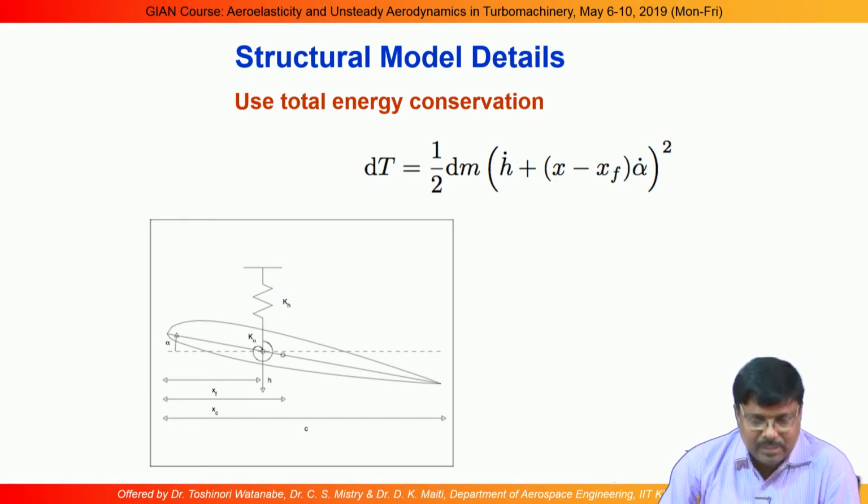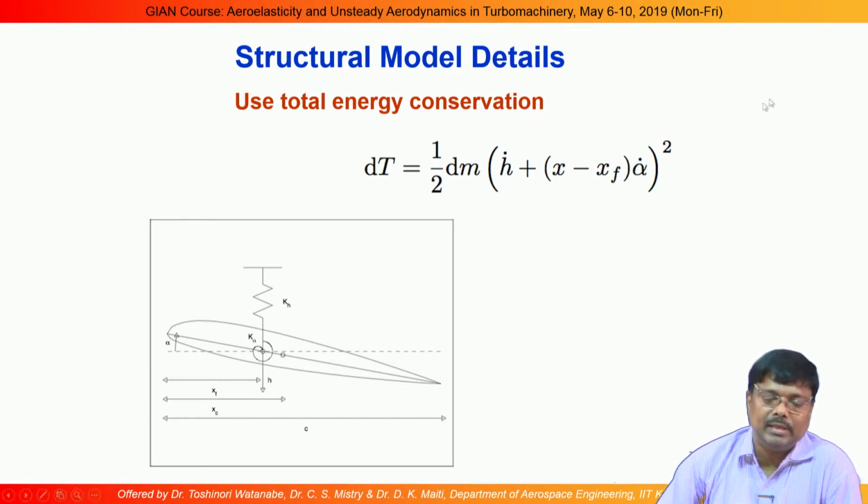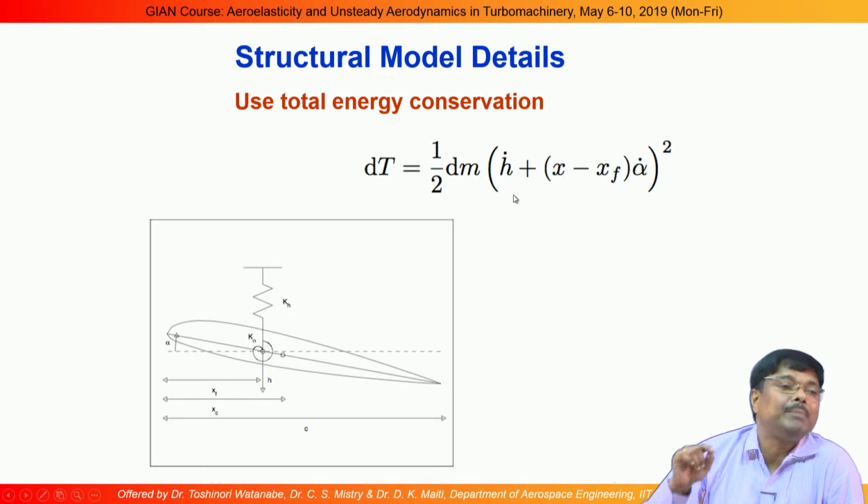So, that is why first I am calculating here dt, that is basically the dynamic kinetic energy. So, half dm, that I am considering a small mass over this aerofoil section, and the mass of that small portion is nothing but dm, and then I am considering h dot, meaning the half mv square.